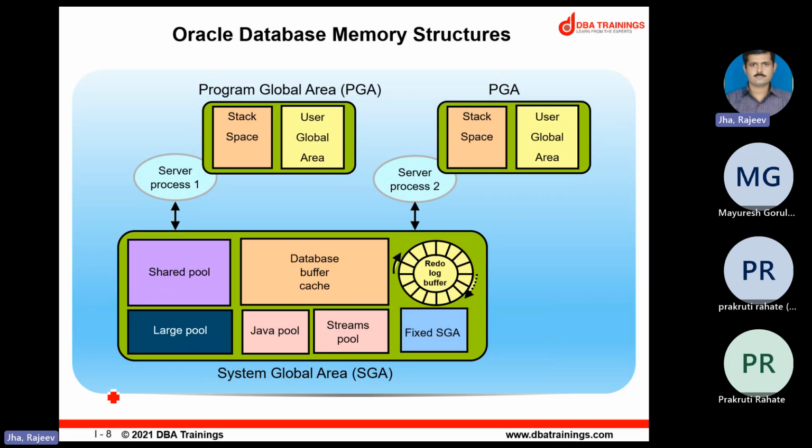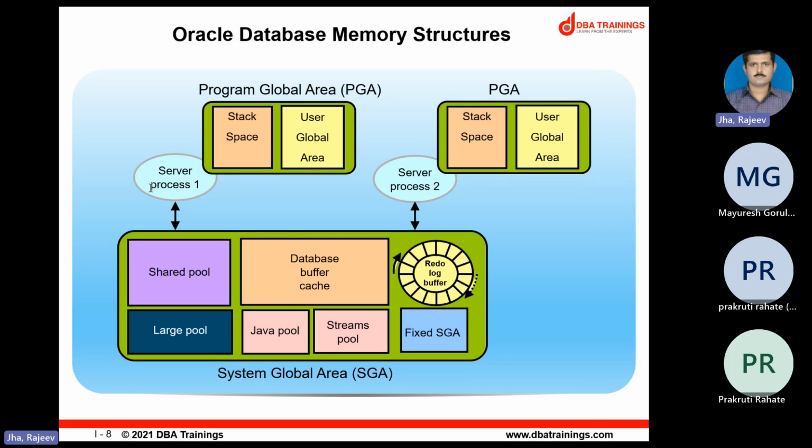Oracle database memory structure. Let me talk about the memory structure and how it will work. Whenever we talk about the memory structure, we have to keep a couple of things in mind. First, the Oracle database creates and uses memory structures for multiple purposes. Memory stores the program code which can be run.